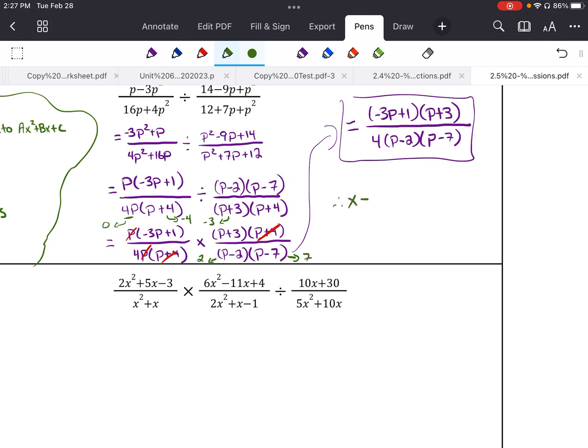Okay, so therefore x cannot equal negative 4, negative 3, 0, 2, or 7.